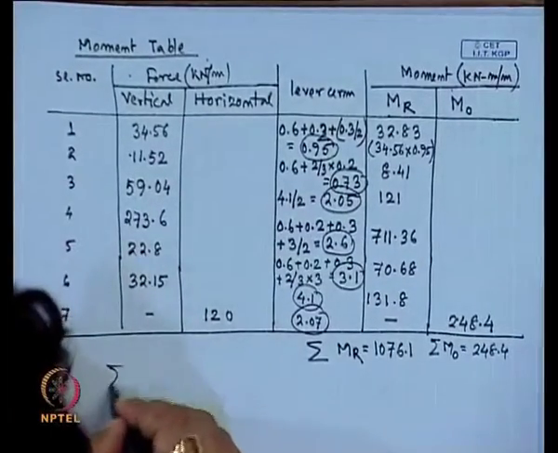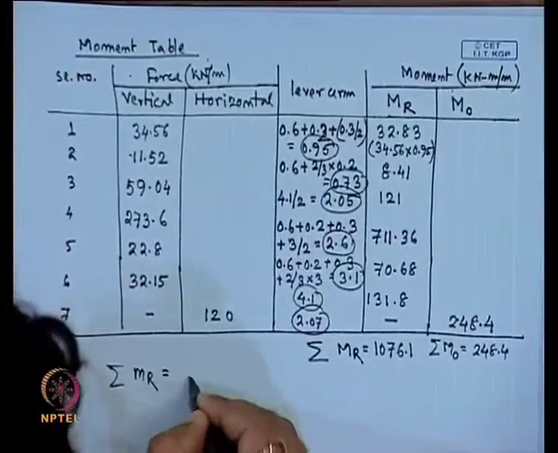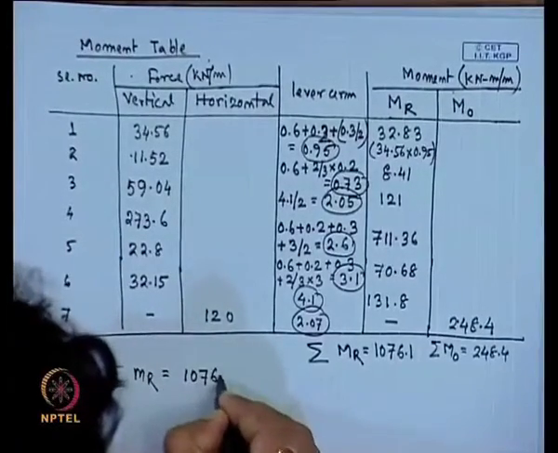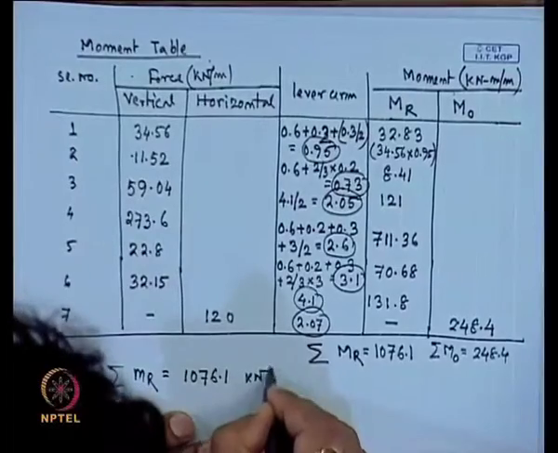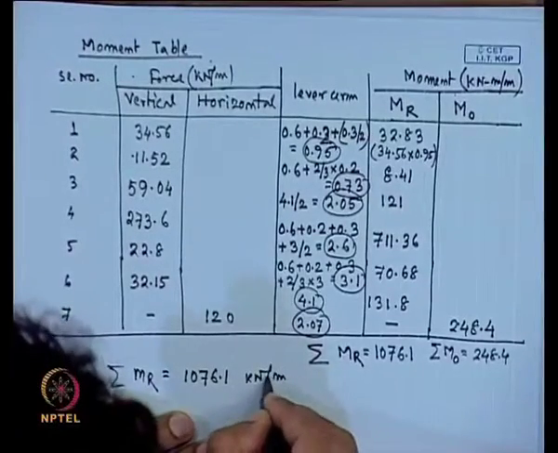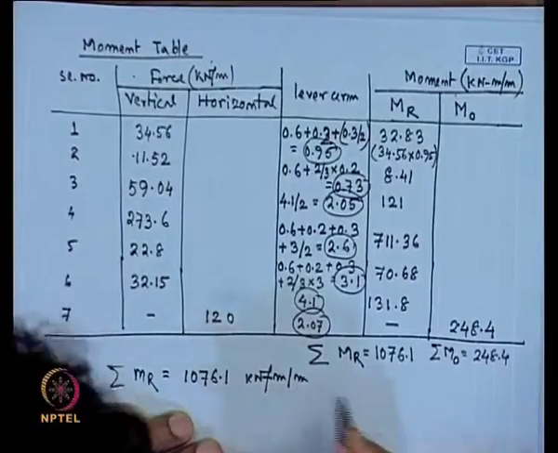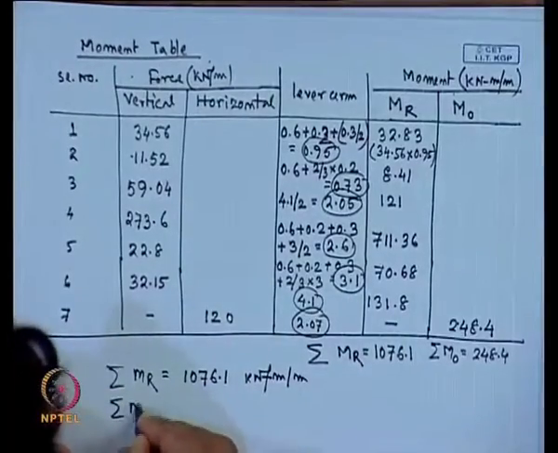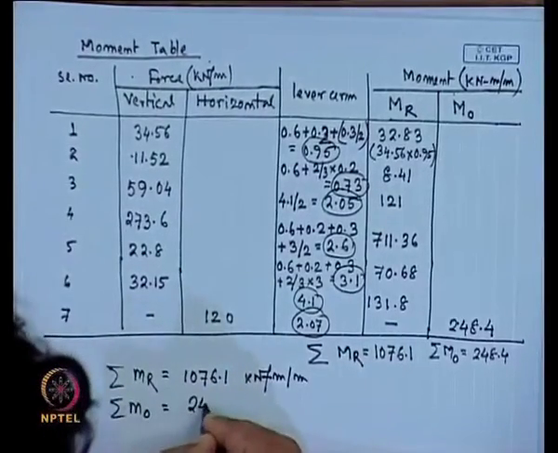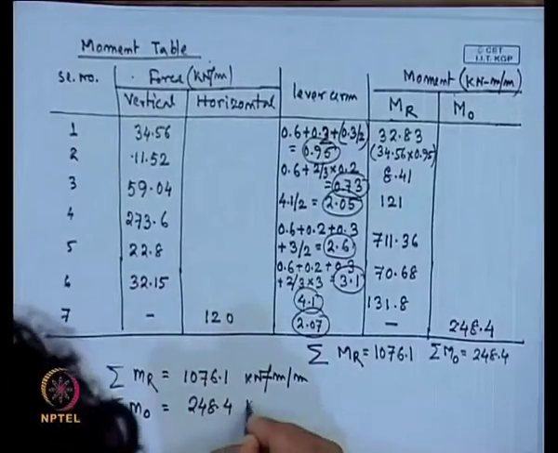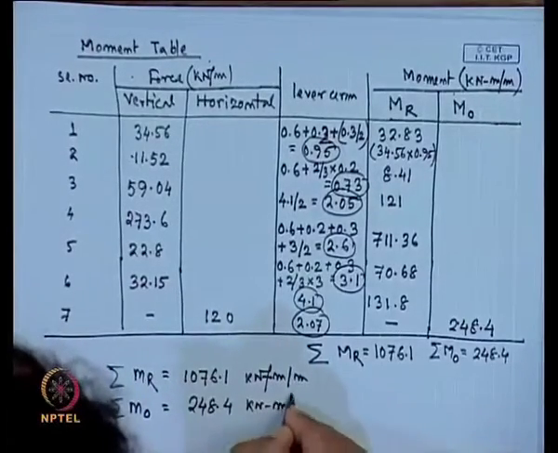So we can write that M r is 1076.1 kilonewton meter per meter, and M o is 248.4 kilonewton meter per meter.